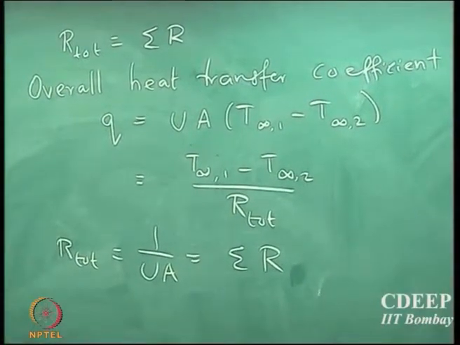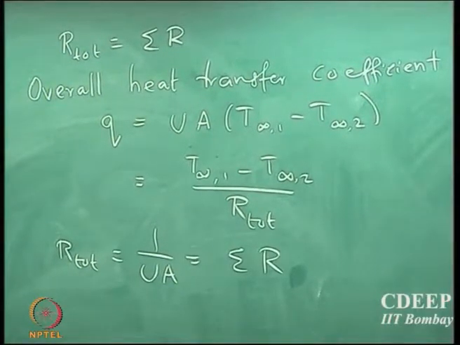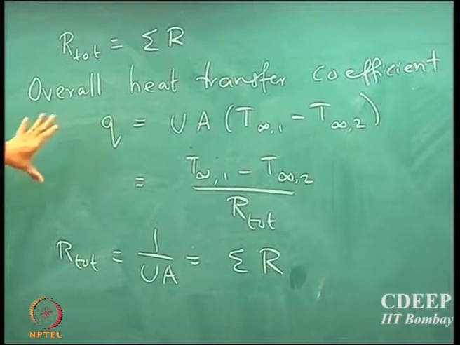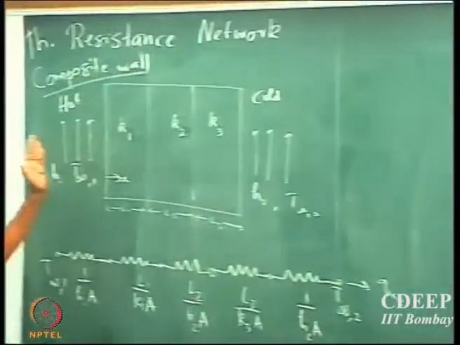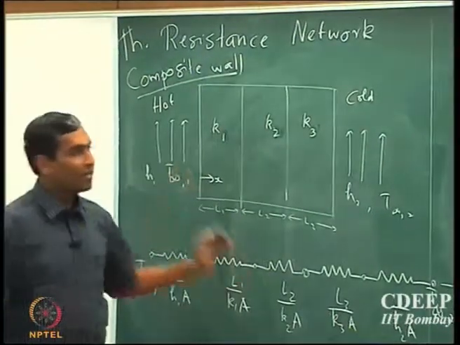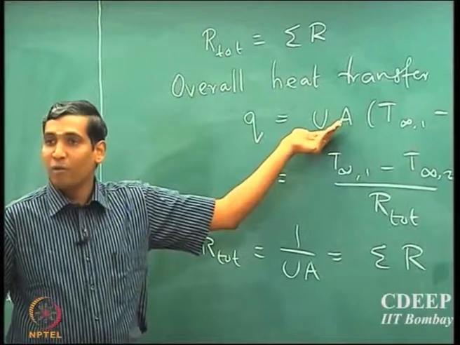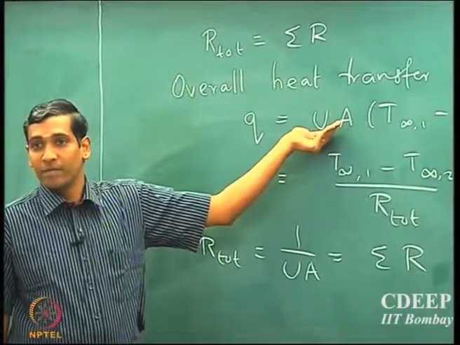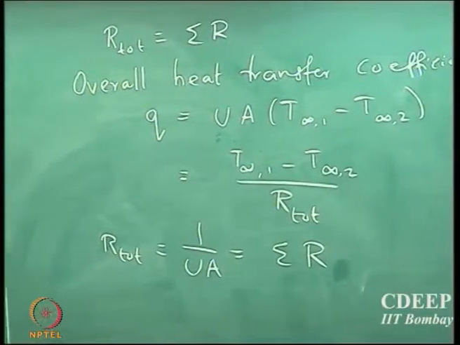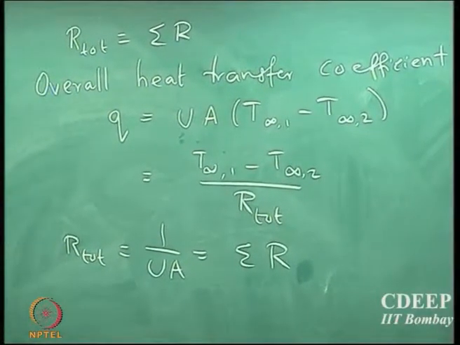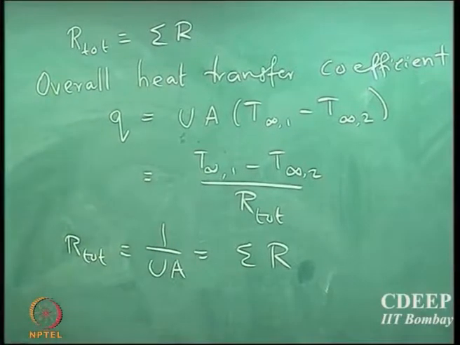So in principle one could define an overall heat transport coefficient for any heat transport system, and what we are doing essentially is we are lumping all the properties, all the transport processes which are occurring inside, into this one quantity called universal or overall heat transport coefficient. And we will see many different variations of the overall heat transport coefficient depending upon the system that you are considering, that we are going to see in today's lecture and several lectures in future.